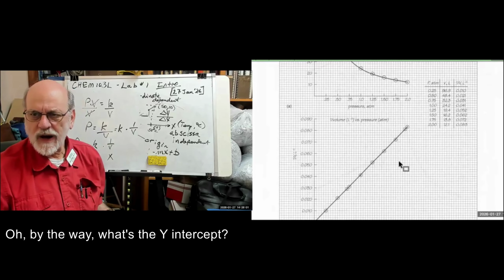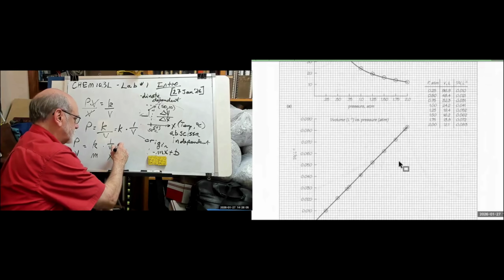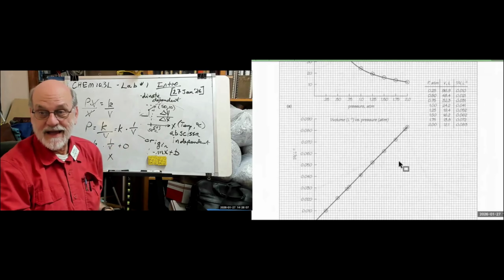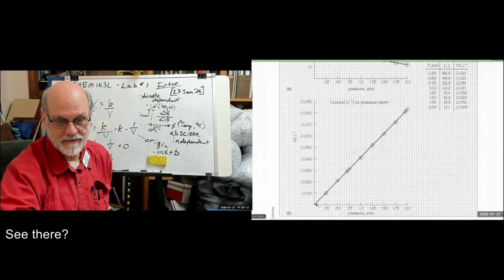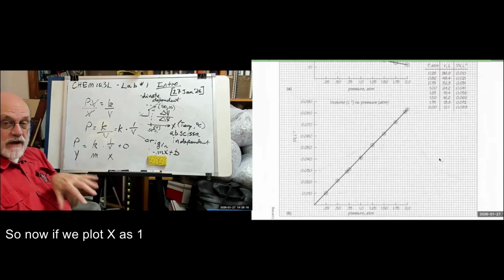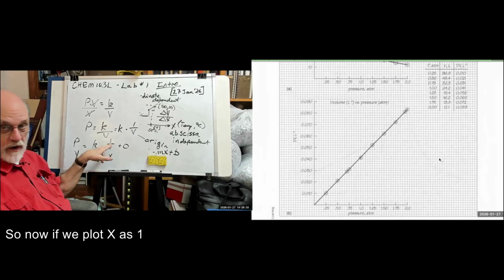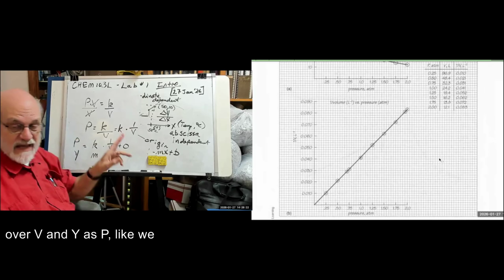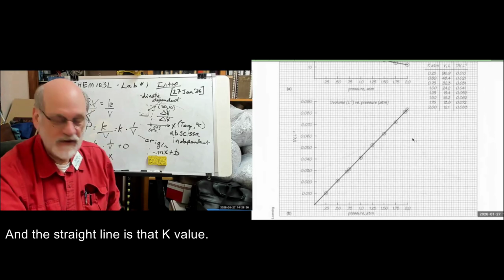Oh, by the way, what's the y-intercept? It goes through the origin, right? See there? Goes straight through the origin. So now if we plot x as 1 over V and y as P, like we did here, we get a straight line.